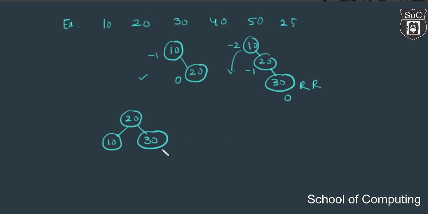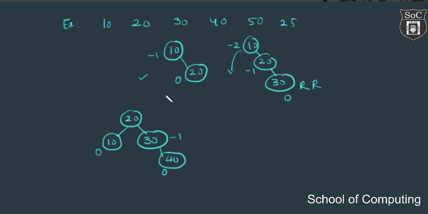Let me insert 40 now. When I insert 40, will it create a problem? Let me check. Height at leaf node is 0. Height at 10 is also 0, since it is a leaf node. Height at 30, left minus right. Do I have a left child for 30? I don't, so left minus right is minus 1.